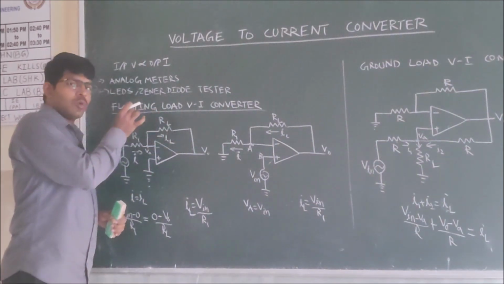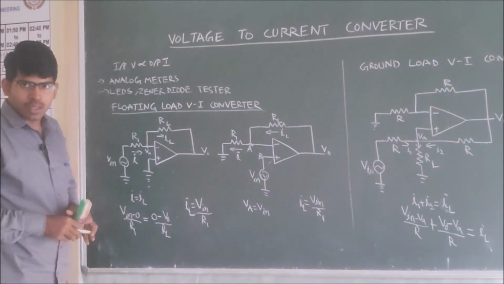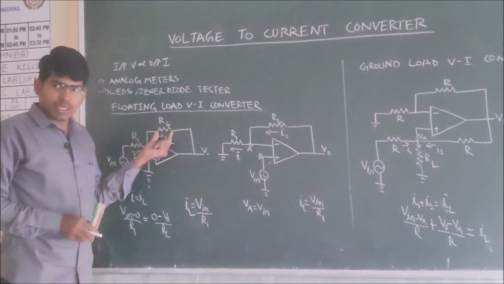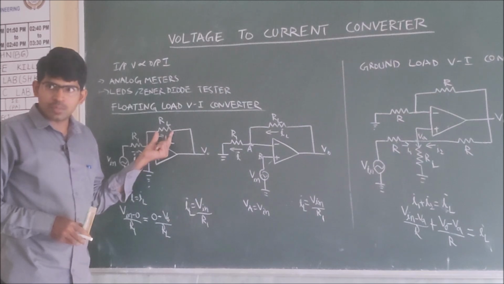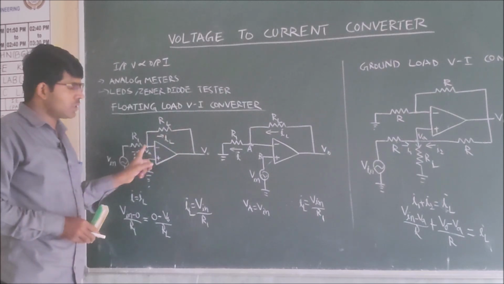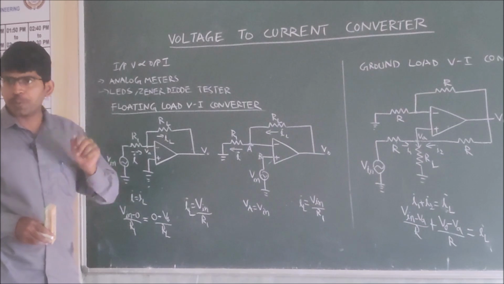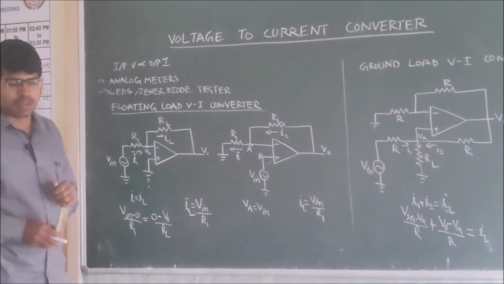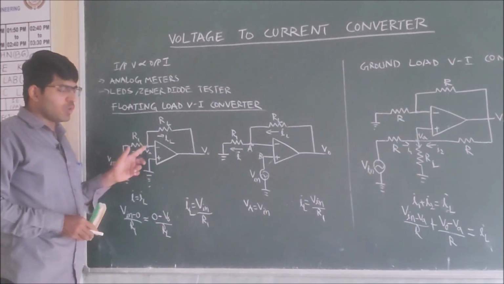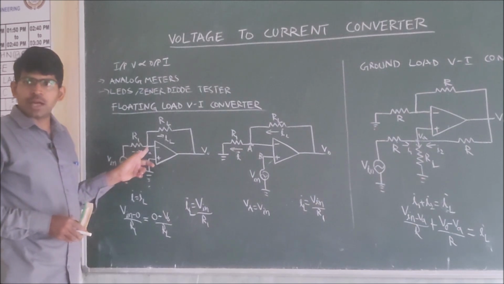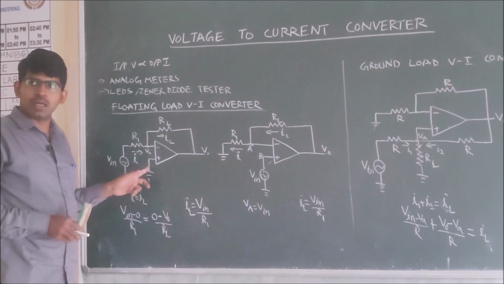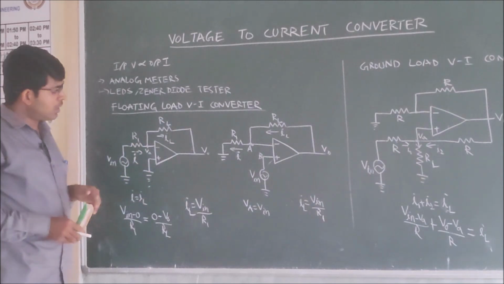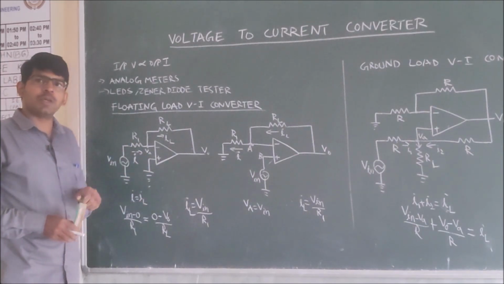In the floating load voltage to current converter, the resistor we are using, or technically the load, has no end physically connected to the ground. You may ask the question, sir, but it is virtually grounded with the concept of the virtual ground, because we have grounded the non-inverting terminal, so obviously VA is becoming 0.